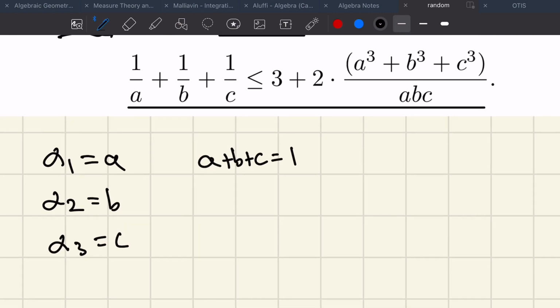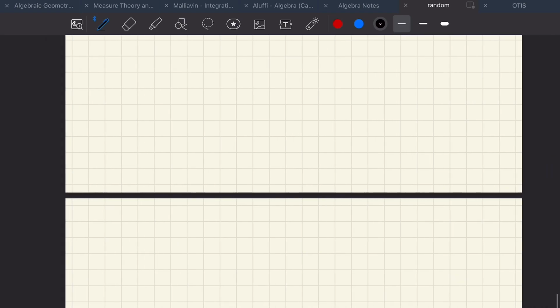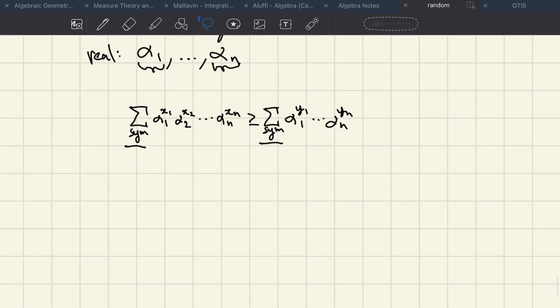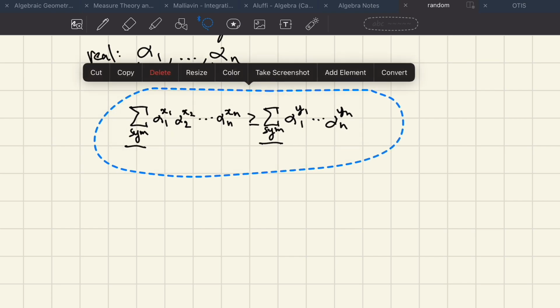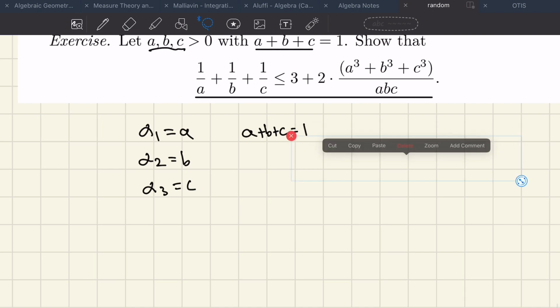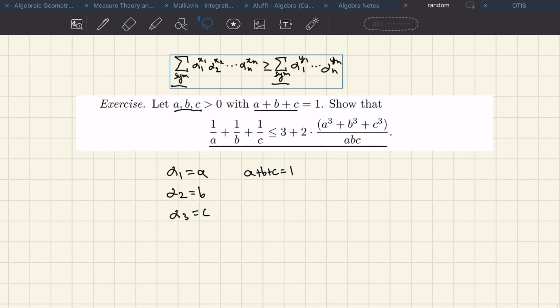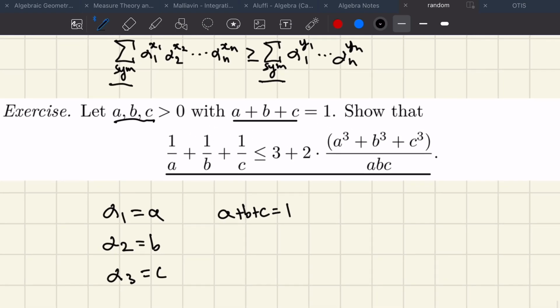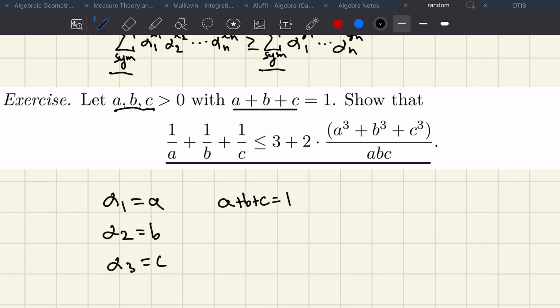Well, I don't like having fractions in the denominator, as you can see in this inequality. Since we want to apply this inequality to solve this problem, we note that we don't really want fractions, because while you could use the inequality on fractions, it's much easier to use alpha 1, alpha 2, and alpha 3 in their non-fraction form.